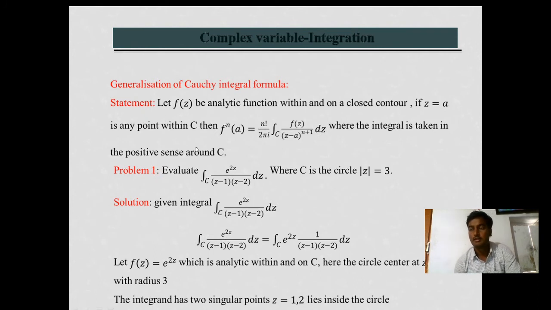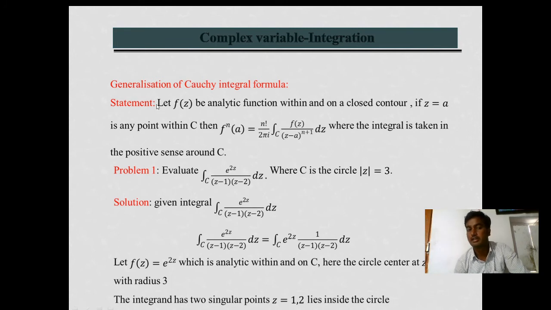See, so if one point lies inside, you have to use the Cauchy integral formula. If no point lies inside, you have to use the Cauchy integral theorem. If a point lies inside but it is a multiple point, that means the singular points are 1, 1, 1, 1 and so on, repeated, then you use the Cauchy generalized integral formula.